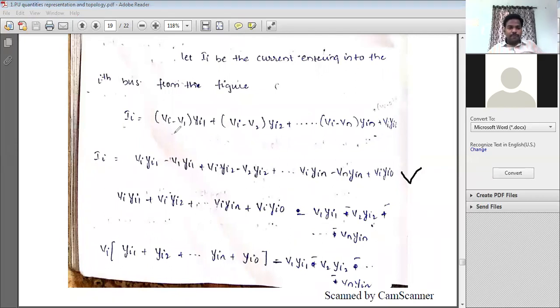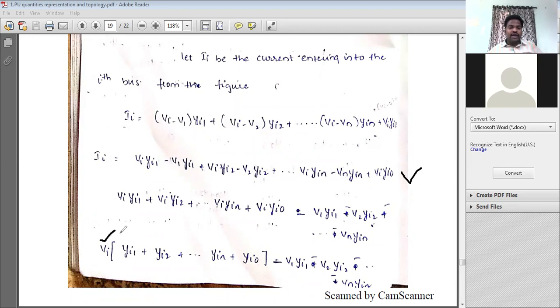I have separated all the terms. In all the terms, one term is common, that is Vi. So Vi into Yi1 minus V1 into Yi1, plus Vi into Yi2 minus V2 into Yi2, etc. I have separated all the terms that contain Vi.